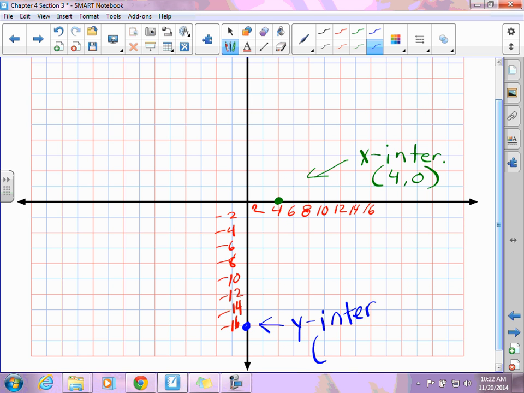Do you see, if I put them together as 4, negative 16, that wouldn't make sense because you'd just get one dot. That doesn't make any sense. You need at least 2 dots to make a line. All right, and now that that is done, I draw my line through those 2 dots. And that's it. There's no table.